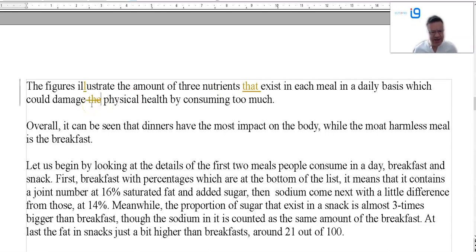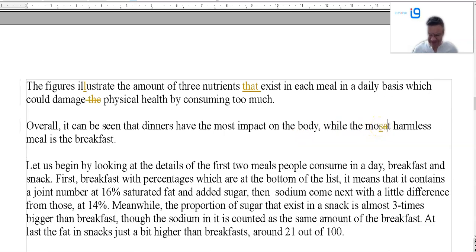But where is it? Don't forget, it's in America. You have to put all this information in. Damage physical health by consuming too much. What do you mean by overconsumption? So what's the nutrients? What kind of meals? Where is it? America. That dinners have the most impact on the body, while the most harmless.